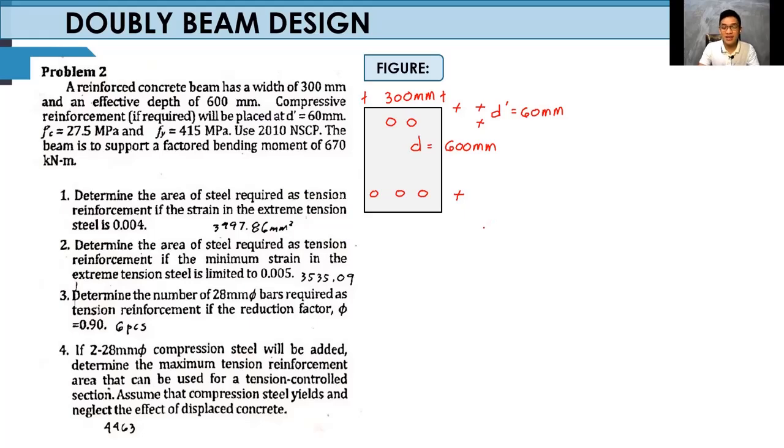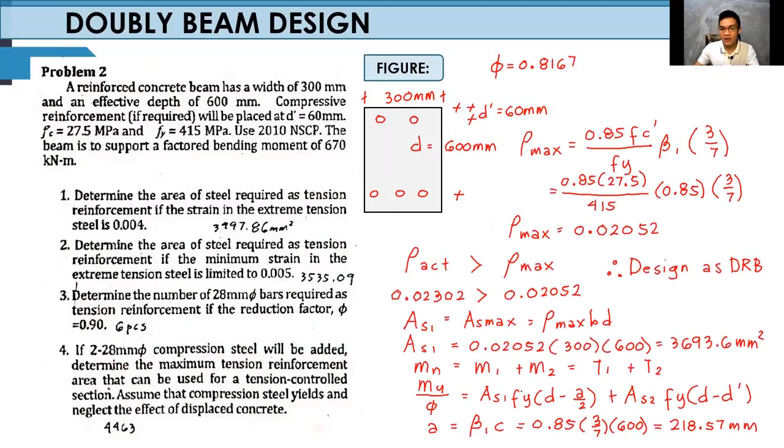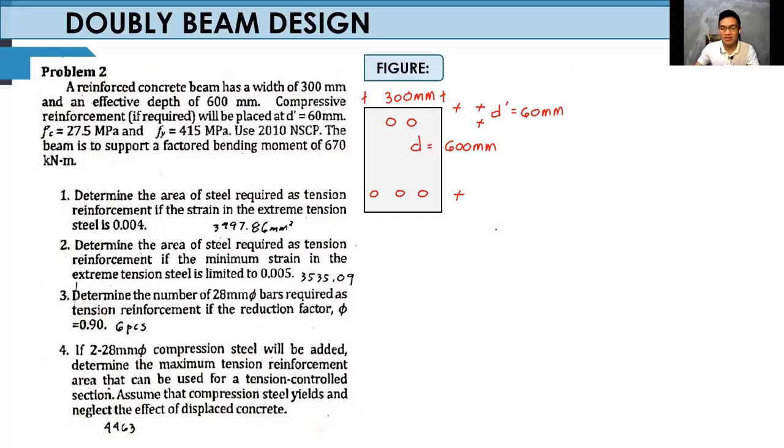So, continue tayo to our next slide. Since meron na tayong value ng ating a, so kaya na nating i-substitute lahat ng values sa ating equation kanina, which is this one. Para makuha natin yung ating AS2. Okay? So, substitute lang po tayo. So, therefore, lagay natin dito, 670 times 10 to the power of 6 divided by phi, which is 0.8167, phi pala, hindi rho.